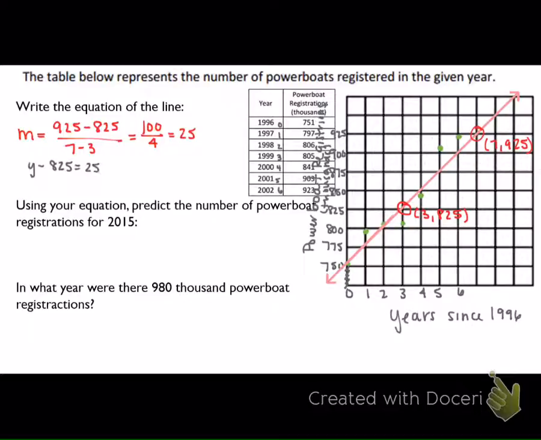Two decimal places for any decimals that you get. And put it into slope-intercept form, and we'll just make sure our y-intercepts are near each other as well.